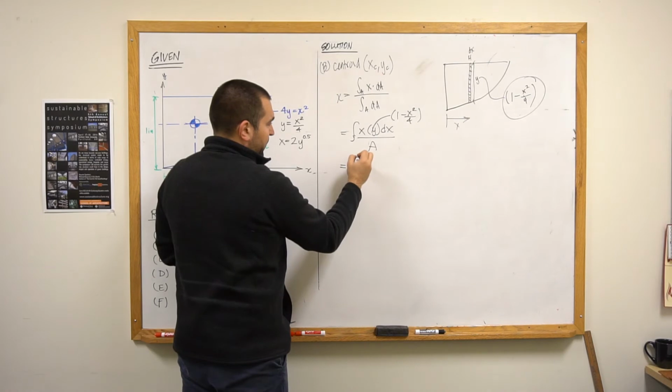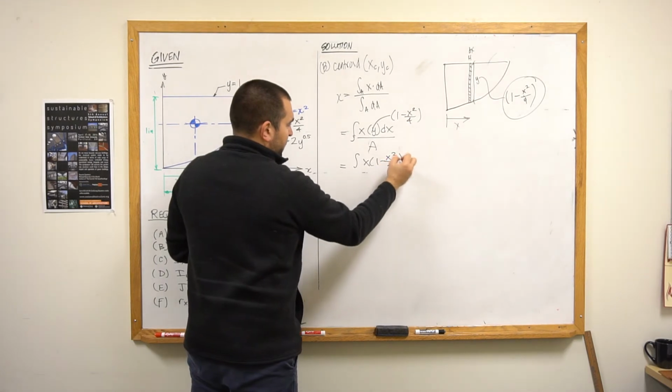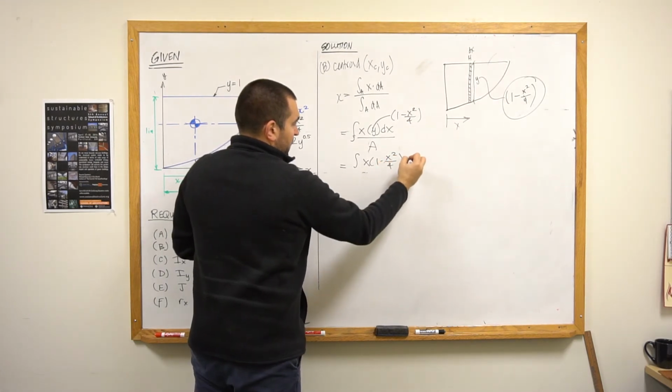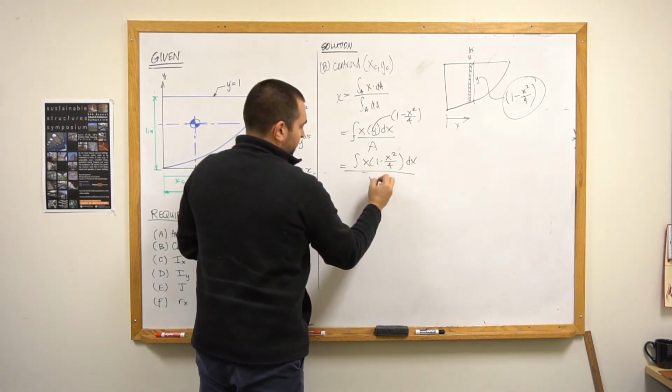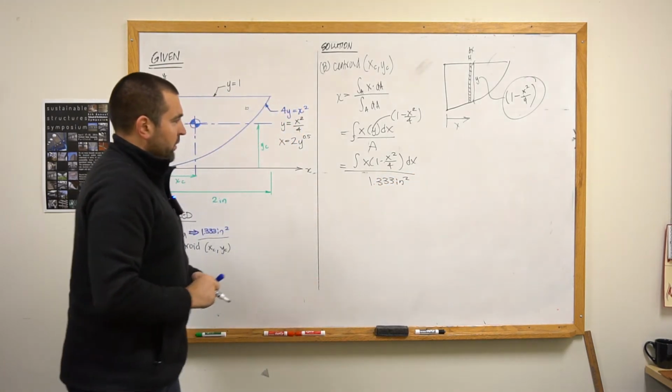To make this a little clearer, we're talking about the integral of x times 1 minus x squared divided by 4, dx, divided by 1.333 inches squared.